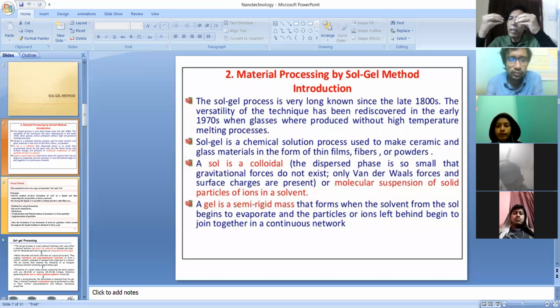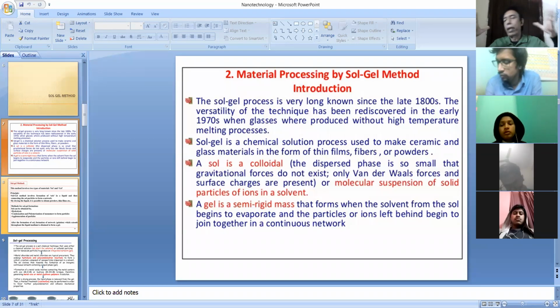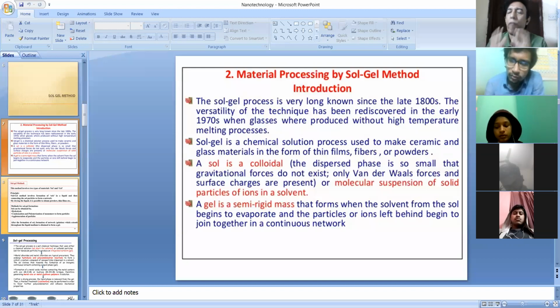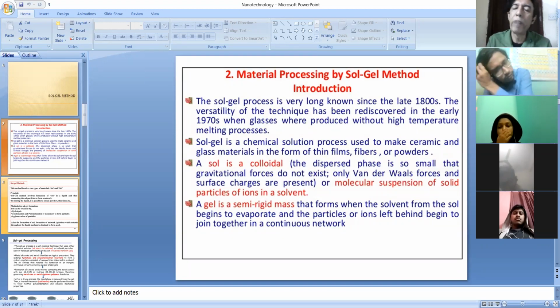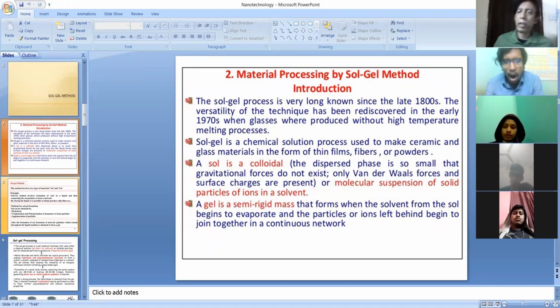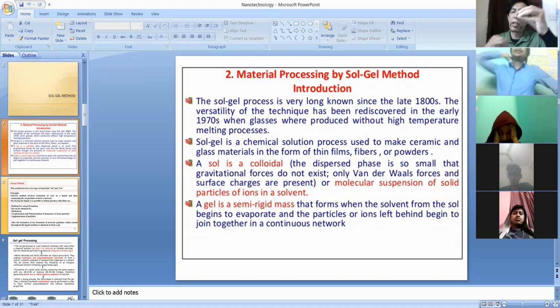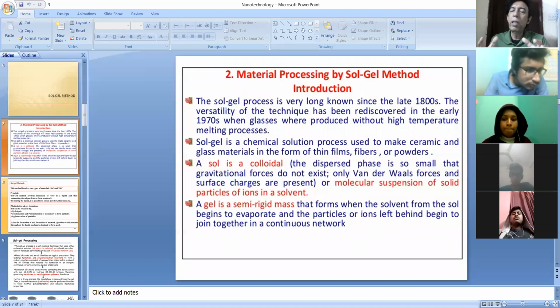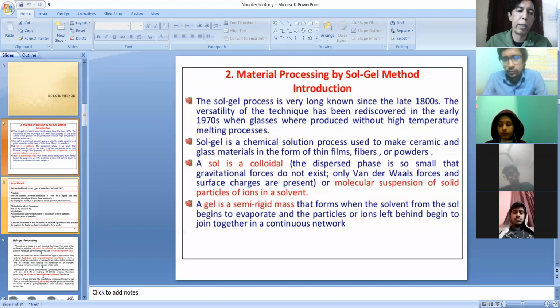If the particles are interconnected with each other by any means, by condensation reaction or by something, then a gel forms. We have a very good example of jelly in our everyday life. It is a gel where the particles are interconnected with one another, and it forms jelly, and no solvent comes out. This is also a gel.